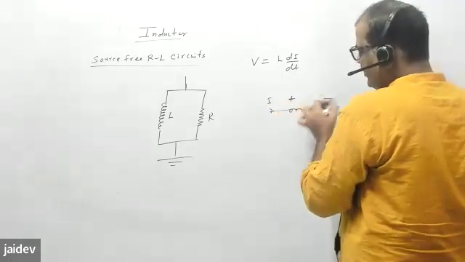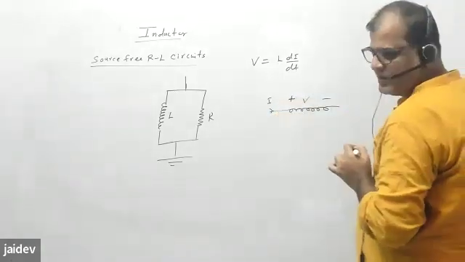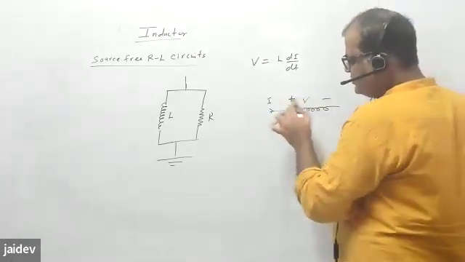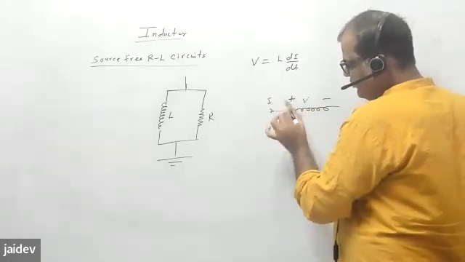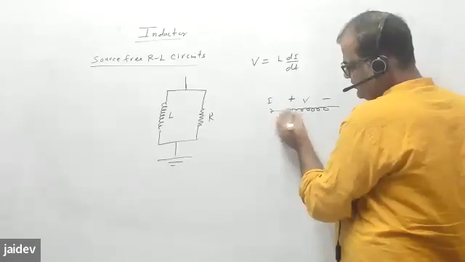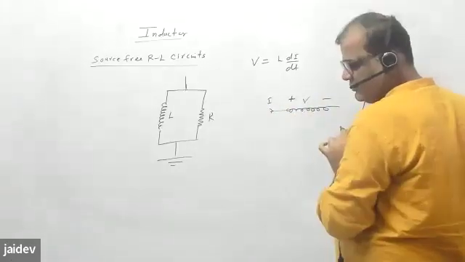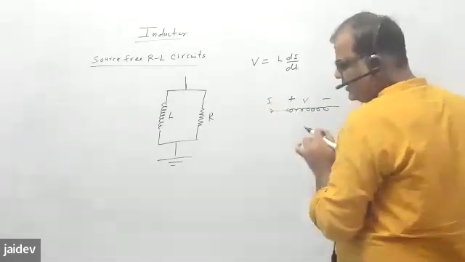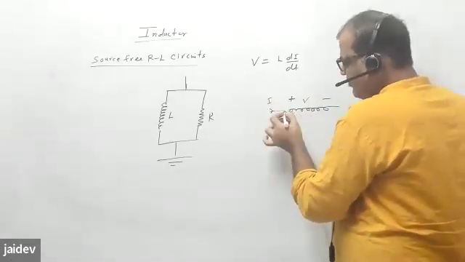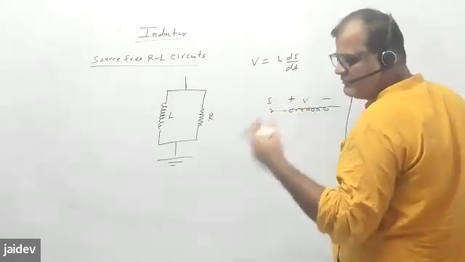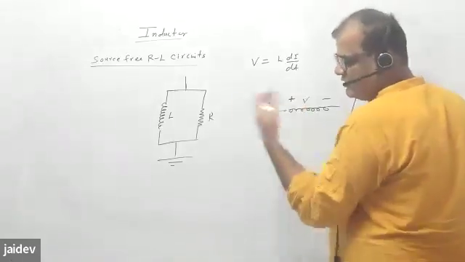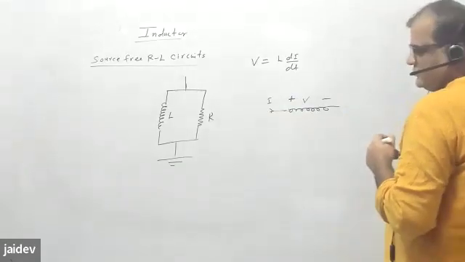The sign of the voltage will be like this. It will try to balance this current, it will oppose this current, meaning it will give some reactance so that the current should not change.